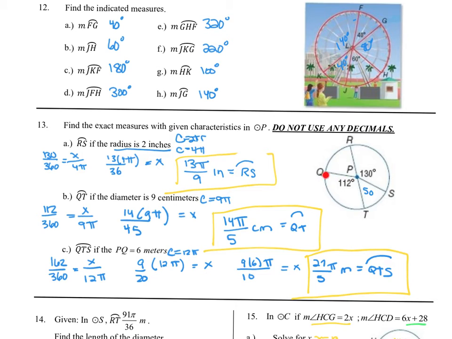If I was told that was 6, then the diameter must be 12. So the circumference is going to be 12 pi, and that's going to go there. Now I'm going to take the 162 over 360 and reduce it to 9 over 20, and I'm going to multiply by 12 pi. As I reduce, I'm going to get that 27 pi over 5 meters is going to be the length of arc QTS.